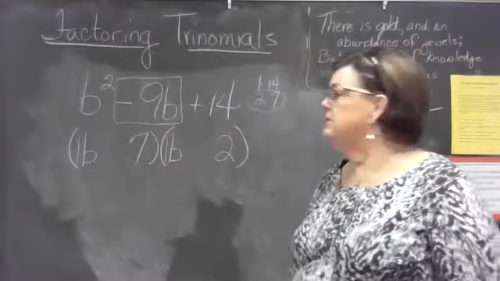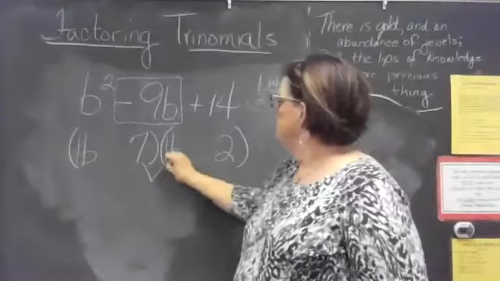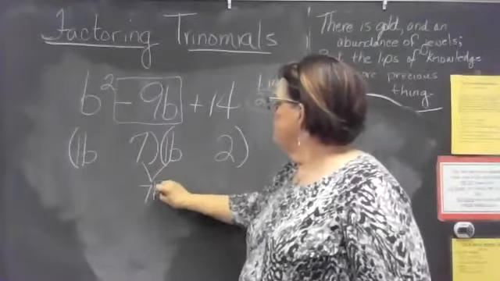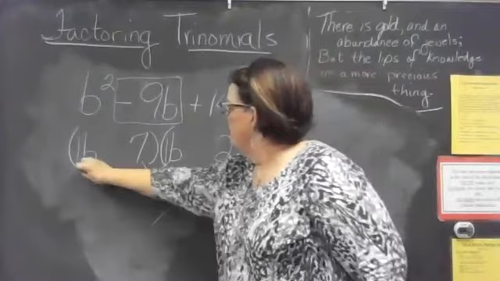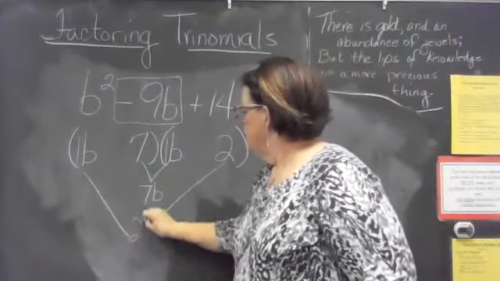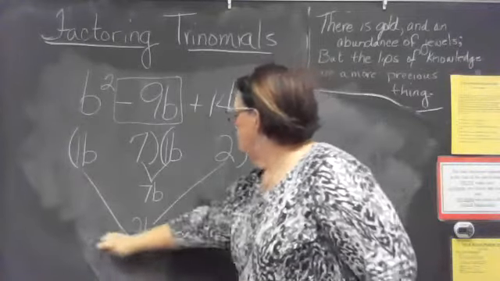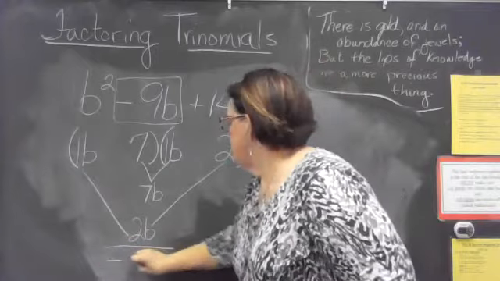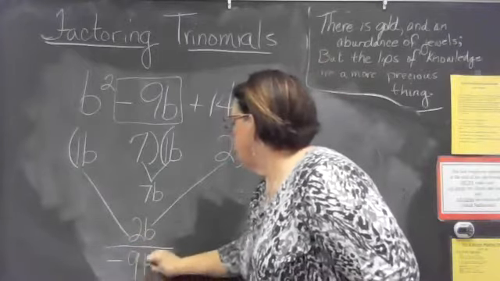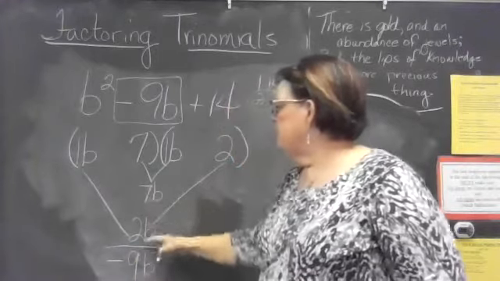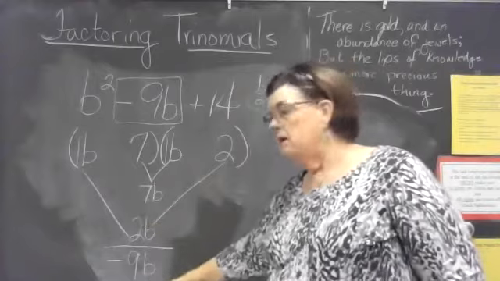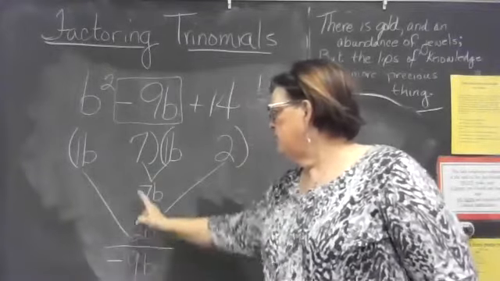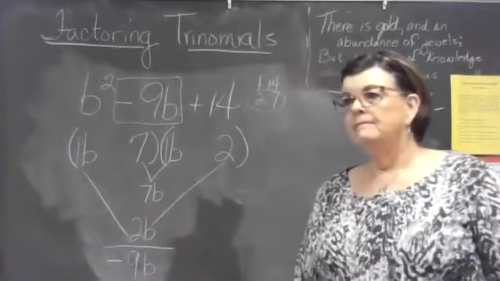So now we're going to check and see what sign we want. We've got 7b here, 2b here, and I need to get a negative 9b. How will I add these together to get a negative 9b? What do the signs need to be?